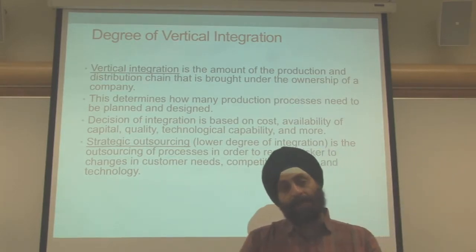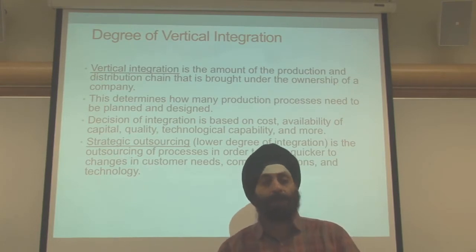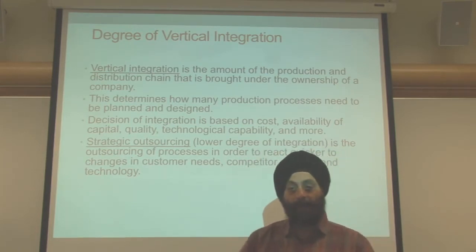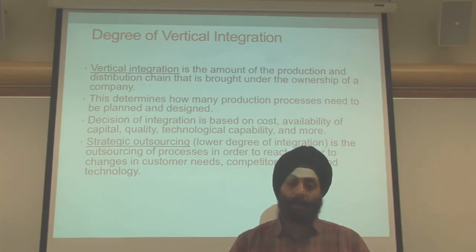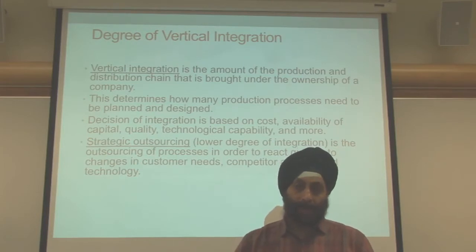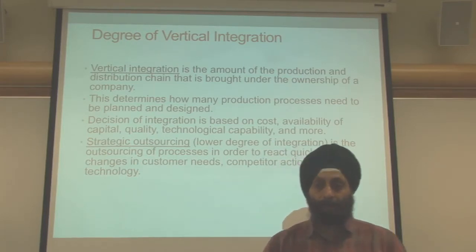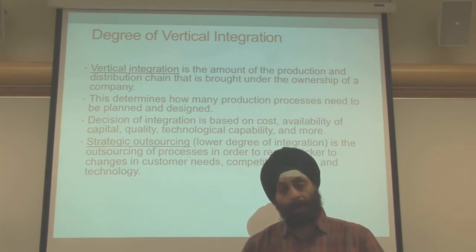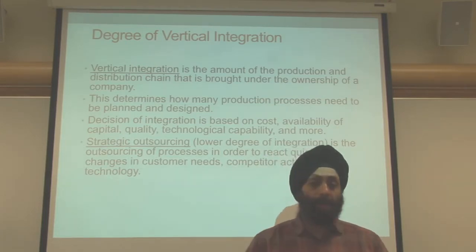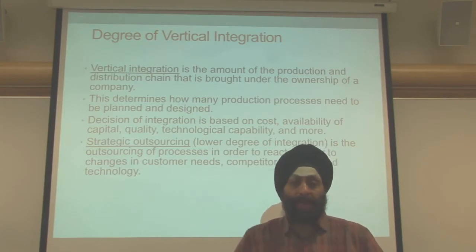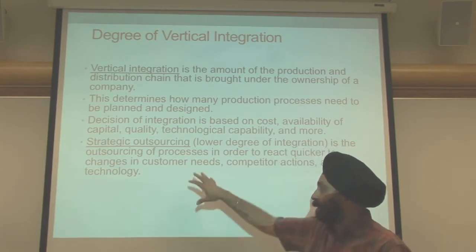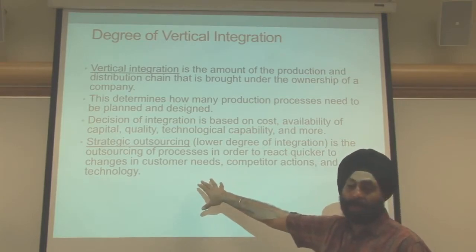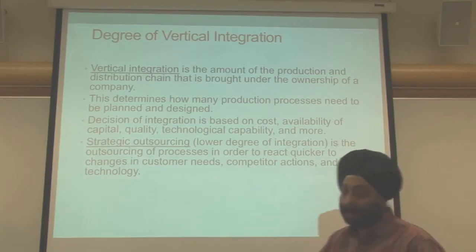The reason one outsources is so they can focus on their core competencies, and anytime there is a change in demand or customer preferences, companies can react quickly by modifying the order with the outsourcers, and don't have that much capital investment in inventory, technology resources, or bigger facilities. So there is a lot less invested that way. So they can easily react to changes in customer needs, competitor reactions, or other technology changes.